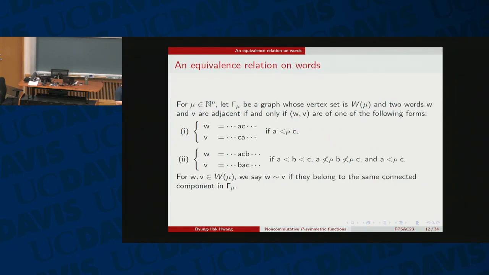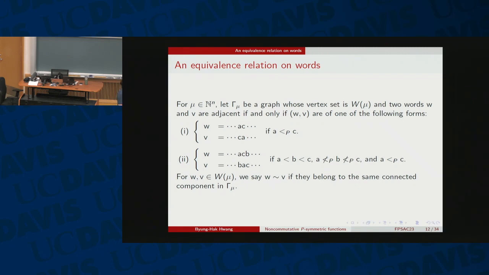Since the chromatic quasisymmetric function can be regarded as a generating function of words of a certain type, we introduce a refined version of the function by using an equivalence relation on words.